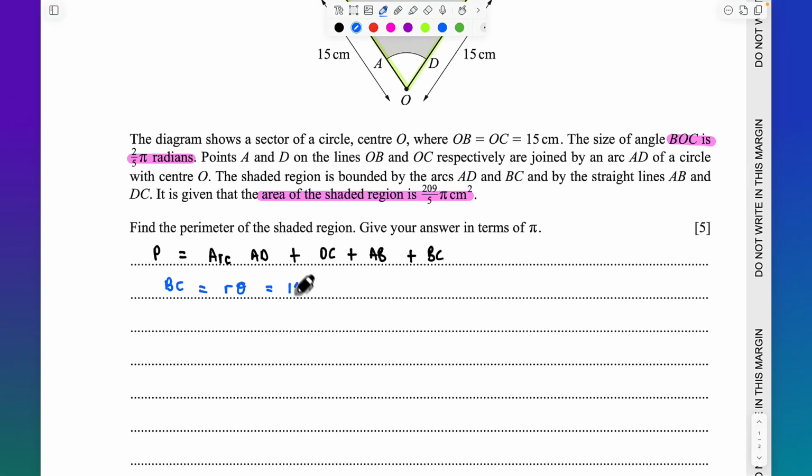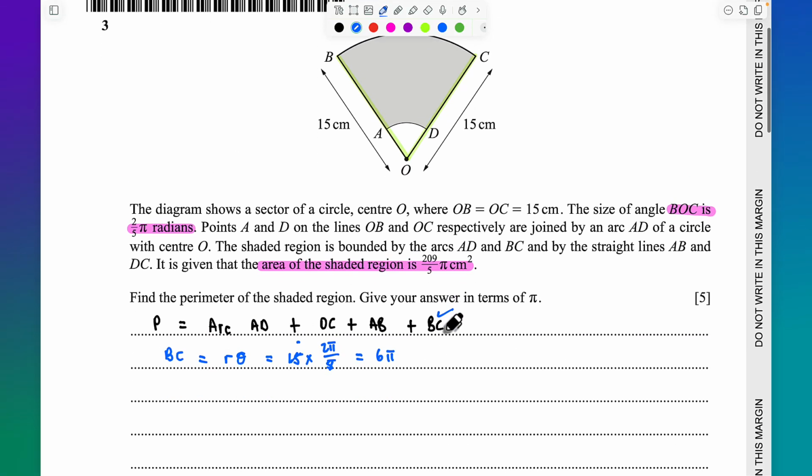So just multiply those two. 5 goes into 15 3 times, so this should actually give you 6 pi, if I'm not mistaken. 5, 15, 30, 30 over 5 is 6. Cool. Solid. So BC is taken care of.